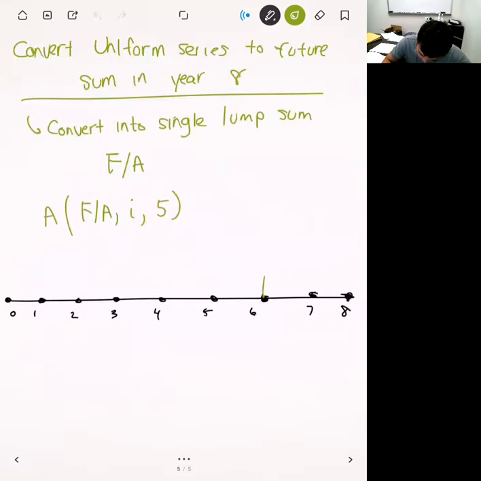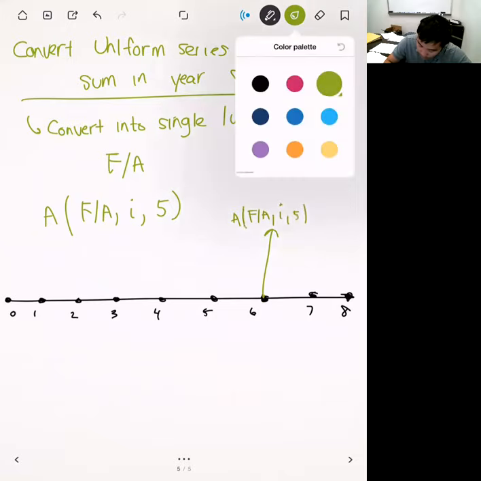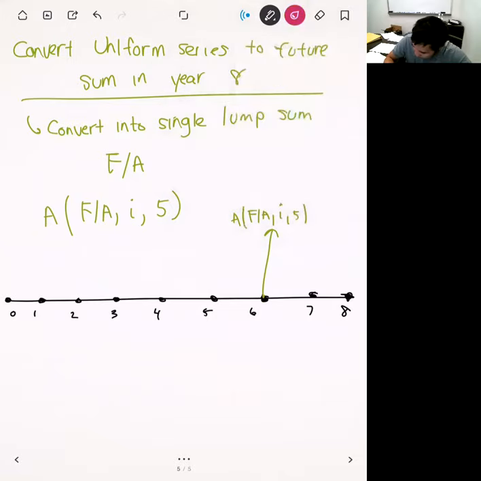The value for this arrow is going to be A, F over A, I, and 5. All right. And so next, we're going to move this over to year 8.